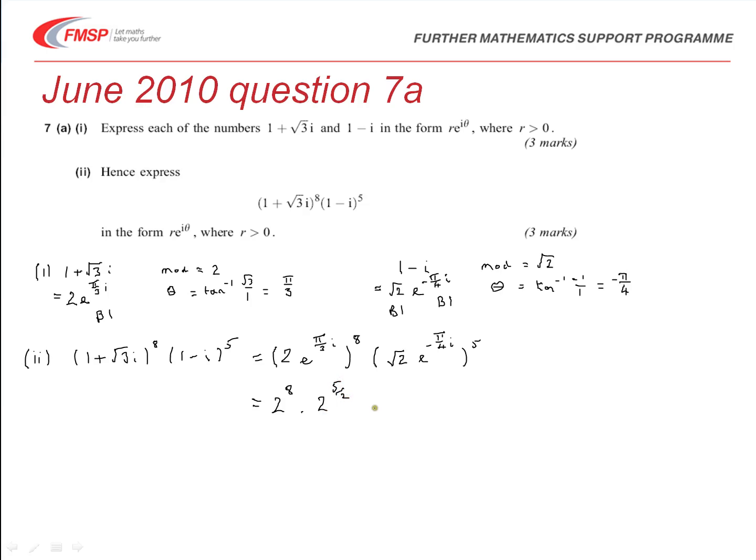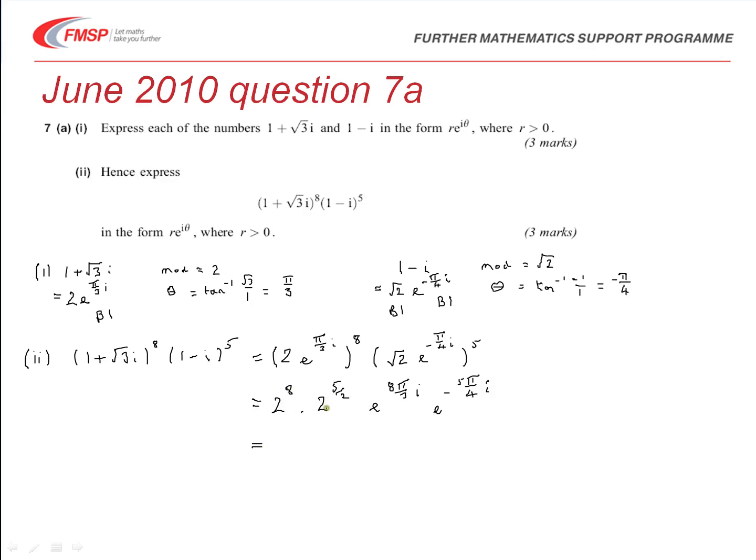And if we look at the angles, this one becomes e to the 8 pi over 3i, and this one is e to the minus 5 pi over 4i. So we've got the modulus in front and the e to the thetas at the end. So now we can simplify this first part.